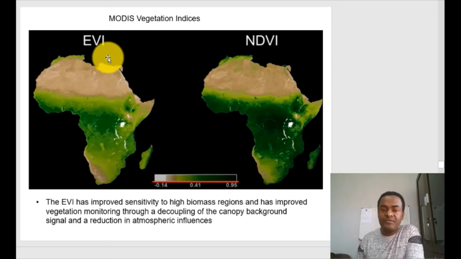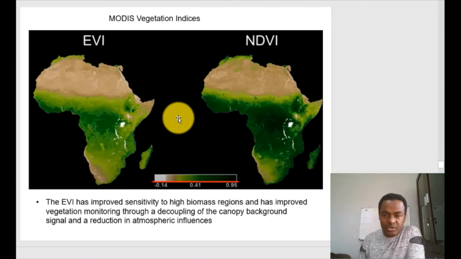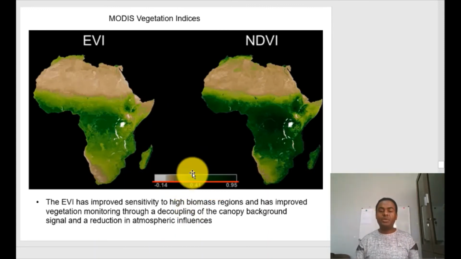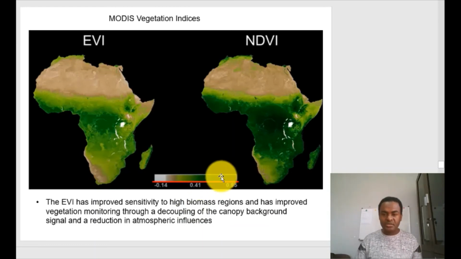NDVI or EVI values range from -1 up to +1. A value around 0 shows you a water body, bare land or sparse vegetation. In between, it shows you whether it is bushland, grassland, woodland. But highly vegetated areas are shown by EVI or NDVI values closer to 1.